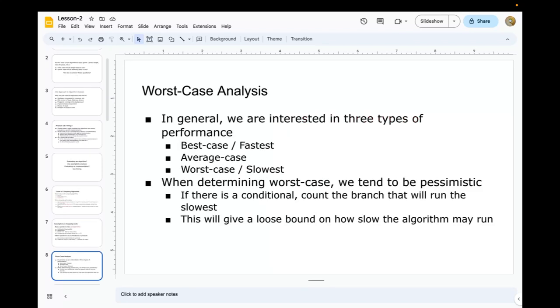Worst case analysis. In general, there are three types of performances: the best case, the average case, and the worst case. Let me give an example to explain this. Suppose you're given an array with five elements in it, and you have to search for a particular element in it. What's the best case scenario? When you enter the array and find the element you're searching for right away, that's the best case scenario.